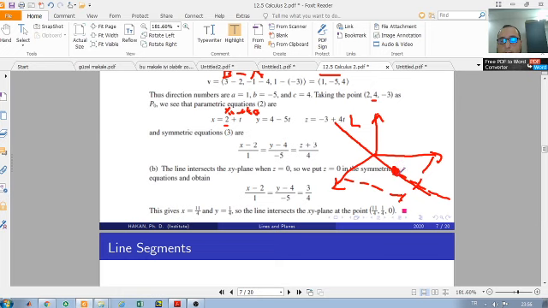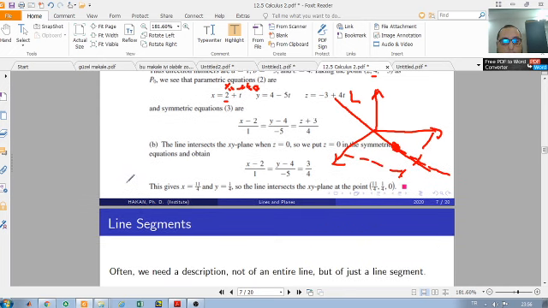So how can we find the components of this point? The line intersects the xy plane when, if you remember, every point in the xy plane has the form x, y, 0. The third component is always 0 for every point in the xy plane.